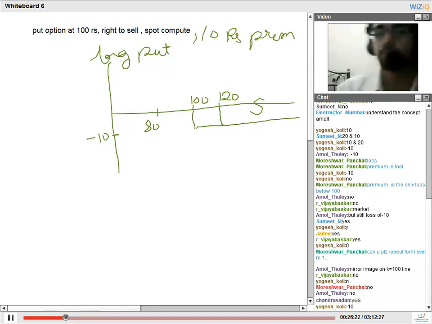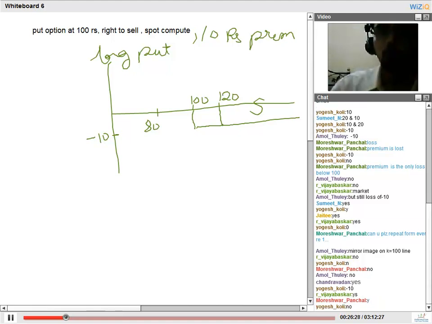Will he exercise the option and sell it to the counterparty? Yes, he will. So his incremental payoff will be 20 because he's selling it to the counterparty at 100 and he will be able to buy it from the market at 80. So he gets an incremental payoff of 20 rupees. However, 10 rupees will be eaten up by the premium that he had paid upfront, so his total profit will only be rupees 10.